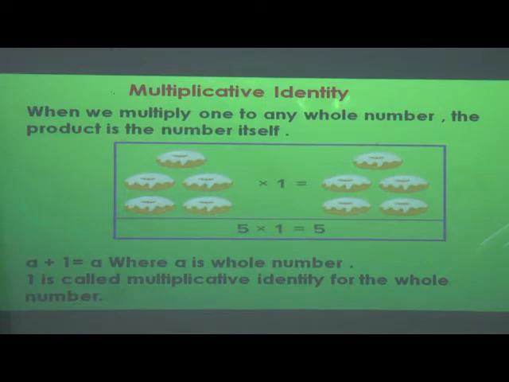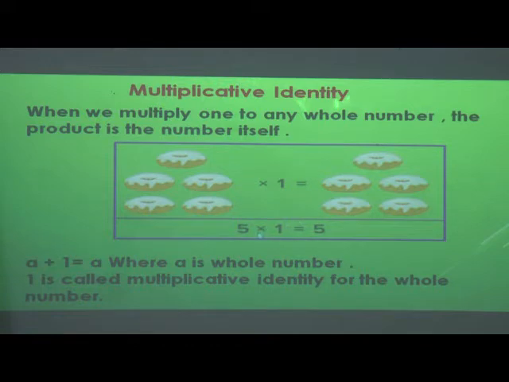Next, multiplicative identity. When we multiply 1 to any whole number, the product is the number itself. Now we have 5 donuts here and 5 donuts multiplied by 1, we get the 5. So a multiplied by 1 is a, where a is again a whole number.